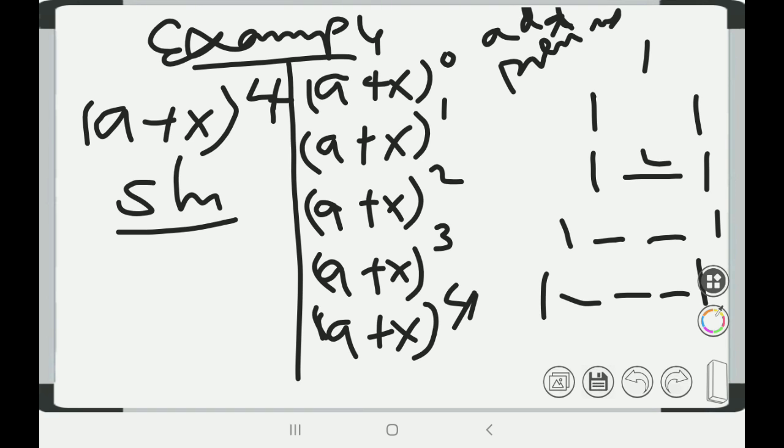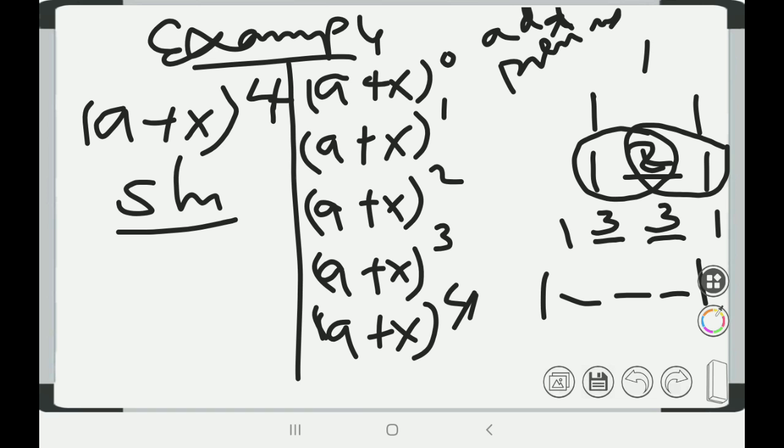To fill here, you have 1 from the previous coefficient. So 1 plus 2, we have 3. Then we have 2 plus 1.